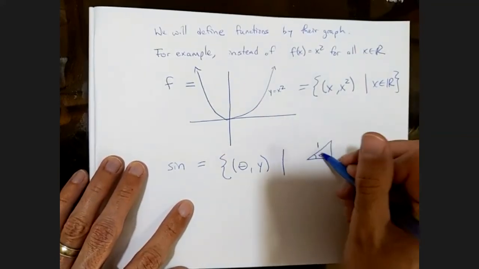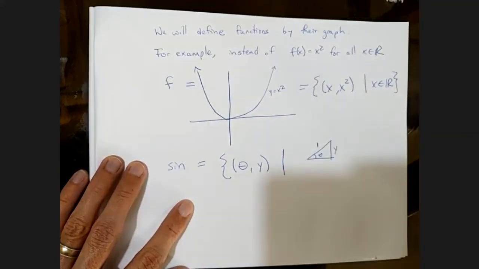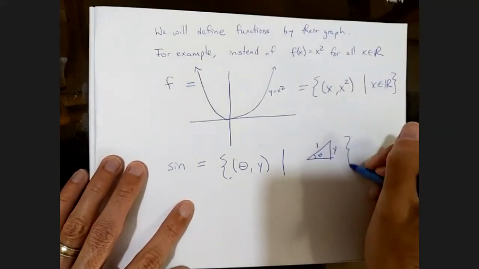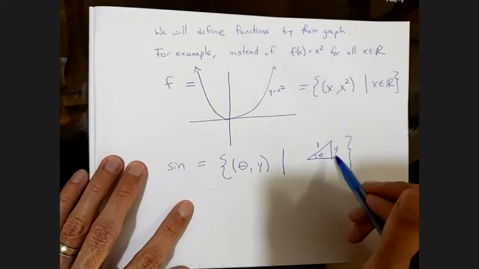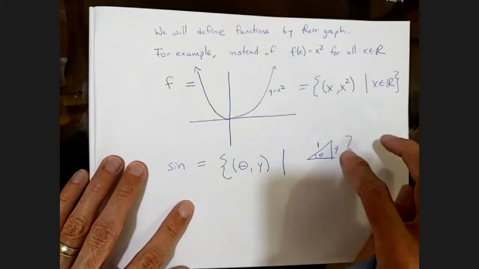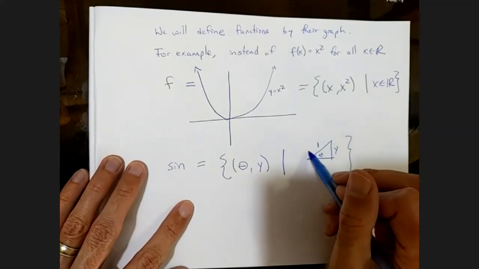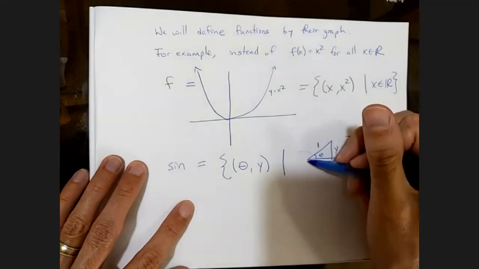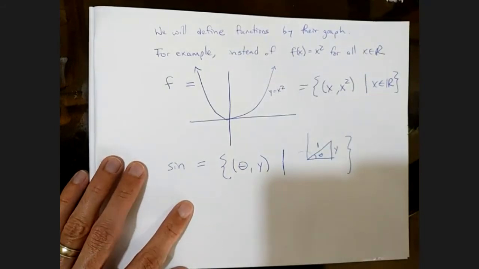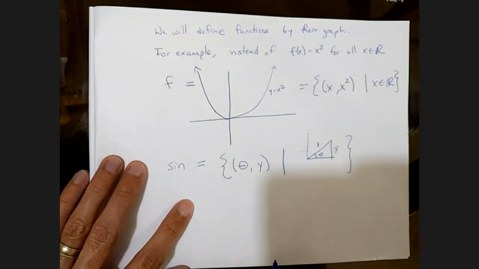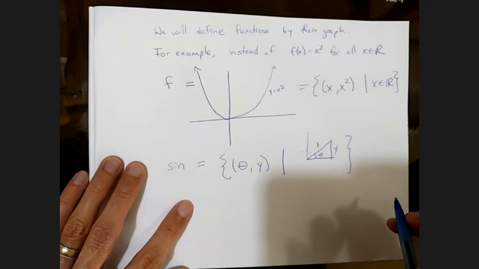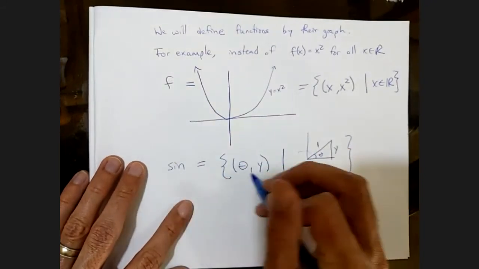So the sine of theta should be like this, I hope. Except we have to make some consideration for when theta goes past this line, stuff like that. But let's not think about it too much. Okay, so satisfying some property.